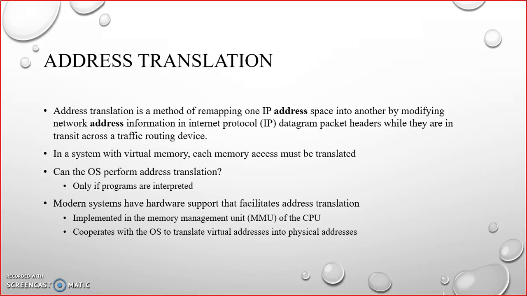Here we were asking if the OS can perform the address translation, and we learned that the OS can only perform address translation if the programs are interpreted. Modern systems have hardware support that facilitates address translation, implemented in the memory management unit of the CPU, which cooperates with the OS to translate virtual addresses into physical addresses. Next.